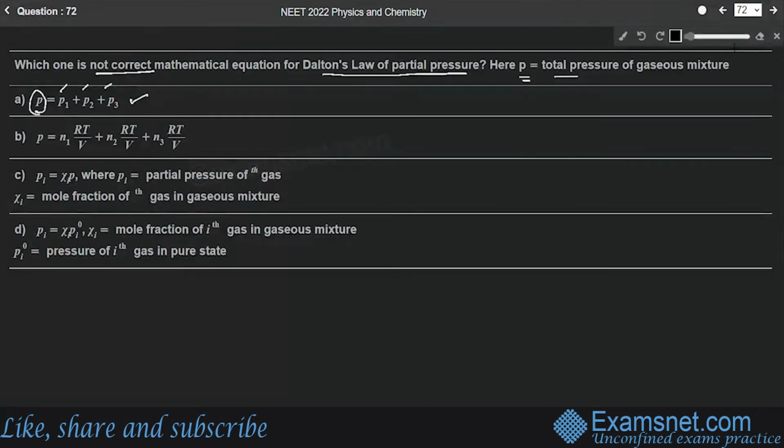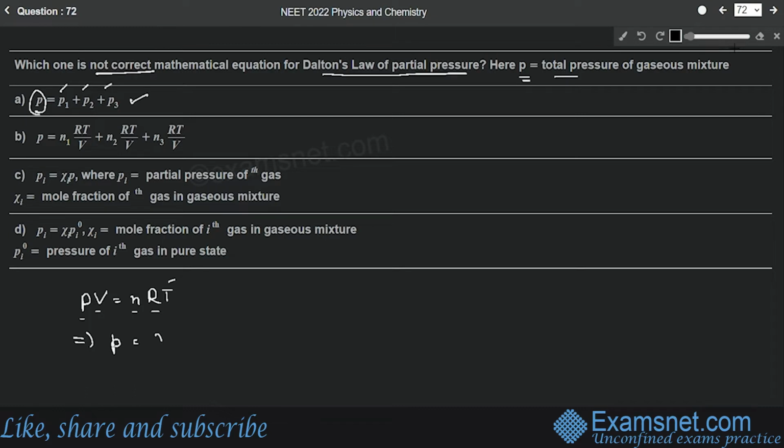Okay, now we also know that PV is equal to nRT. Okay, so here P is the pressure, V is the volume, n is the number of moles, R is the gas constant and T is the temperature. Okay, so what will be the value of P?